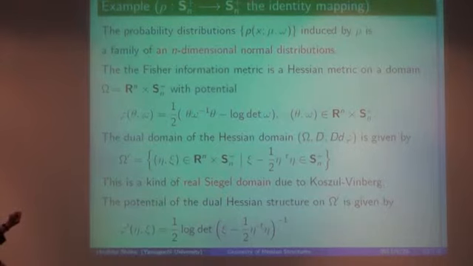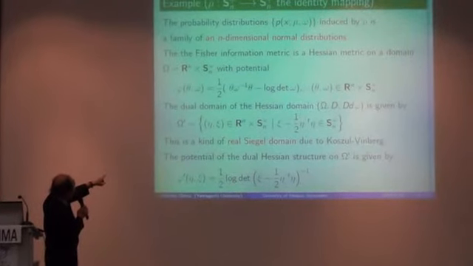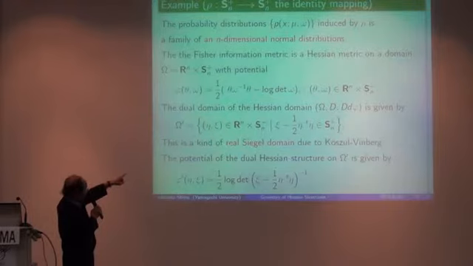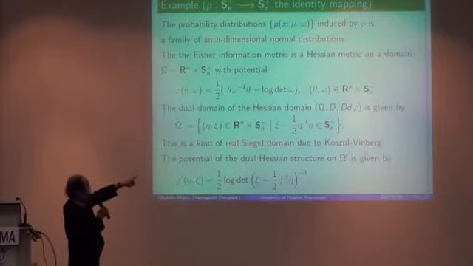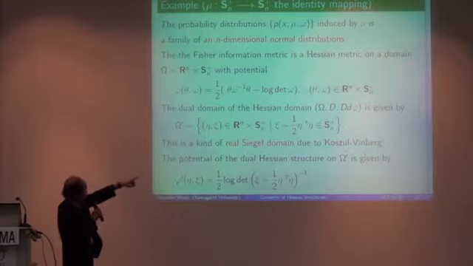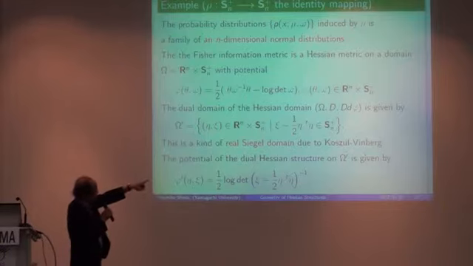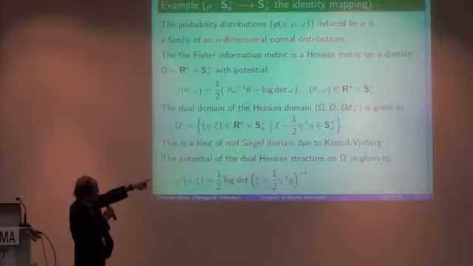The dual domain Ω' of the Hessian domain Ω is given by (η, C), where η is in R^n and C is a positive definite symmetric matrix such that C − ½ η^T η, that symmetric matrix, is contained in the cone of positive definite matrices, that is, contained in the self-dual cone Sym^+_n.